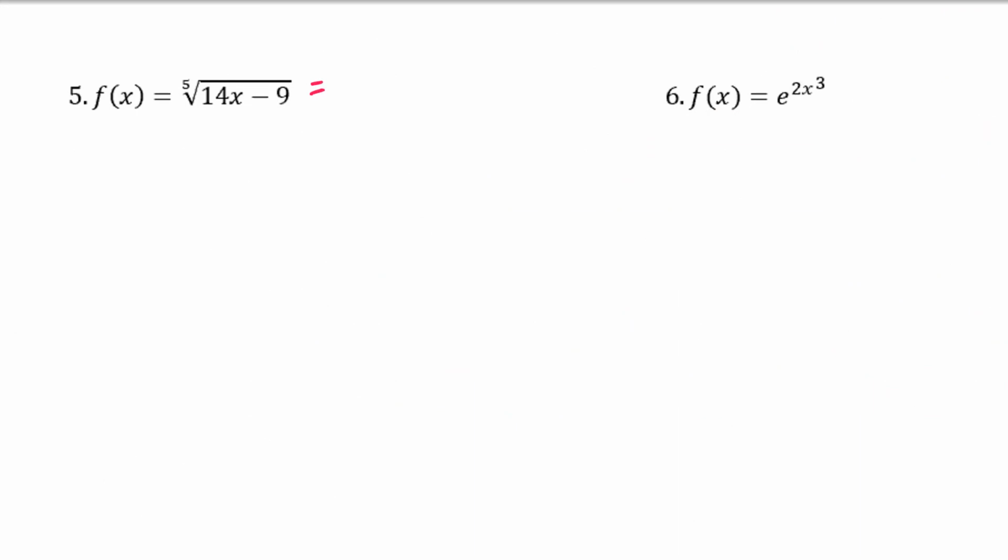So we have to rewrite using a fractional exponent. So the fifth root is going to be the 1/5 power. Now we go ahead and do our f of g of x. Our outside function is that 1/5 power.